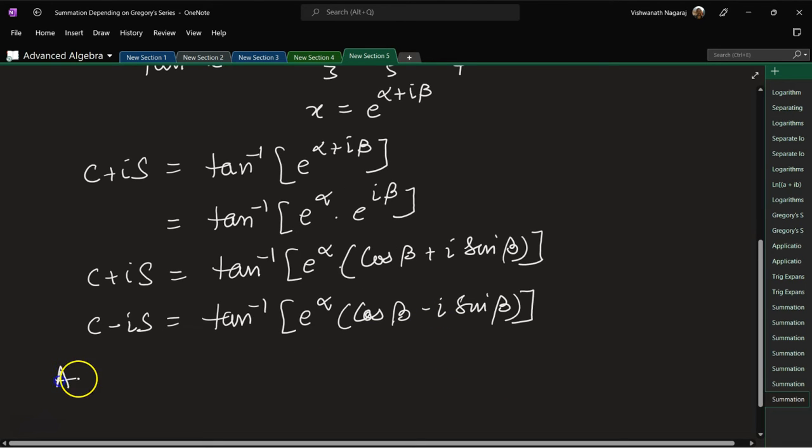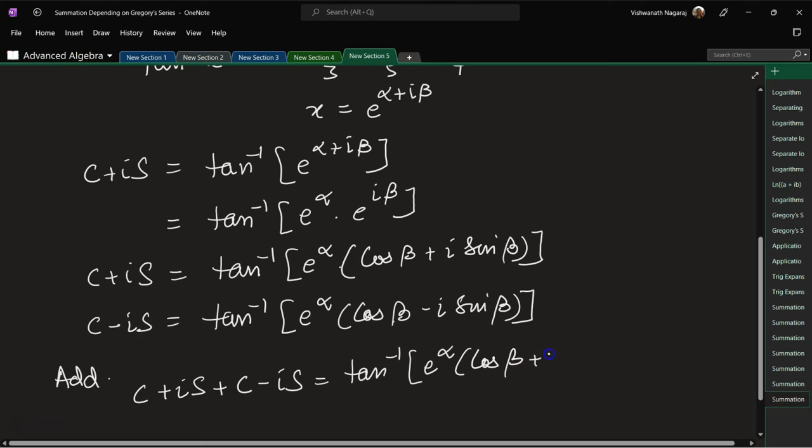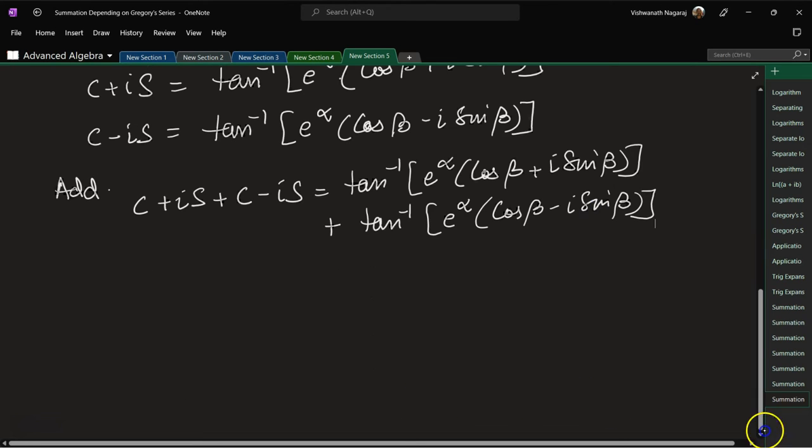So now let's add C plus IS plus C minus IS is equal to tan inverse of e to the power of alpha cos beta plus I sin beta plus tan inverse of e to the power of alpha times cos beta minus I sin beta.